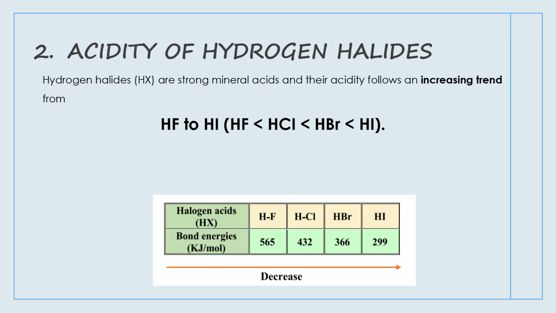This is an increasing trend in which you can see that the bond energy values are decreasing from hydrogen fluoride to hydrogen iodide, which means that hydrogen fluoride has the highest bond energy, hydrogen iodide has the lowest bond energy. Eventually, hydrogen iodide will readily donate the proton and it is the strongest acid among all these acids that are mentioned in the table.